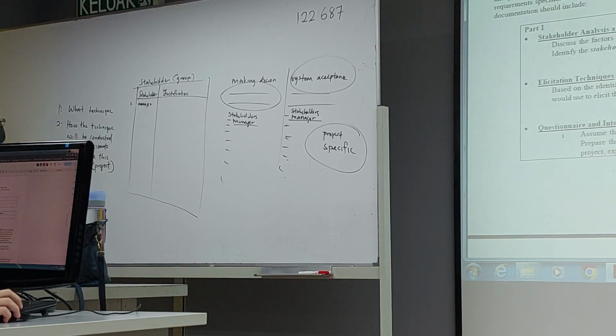So, for example, if you say questionnaire, the technique is questionnaire. You have to explain how you conduct the questionnaire. So, target is what? Who is going to be your participants? Let's say customer. Then, when you explain how the technique will be conducted, explain how the questionnaire will be given to the customers.